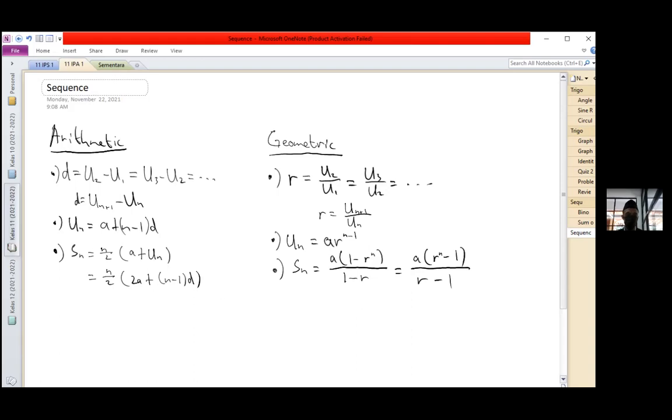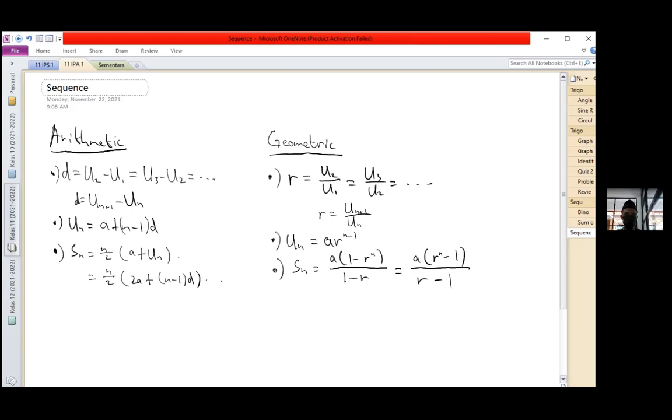But for arithmetic, these two formulas both matter. Depending on what we have in the problems, sometimes we will use this one, and sometimes we will use that one. Okay, so that's the sum of a geometric sequence.